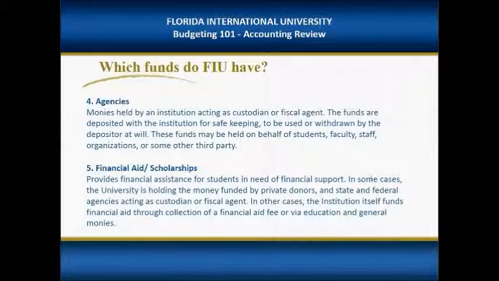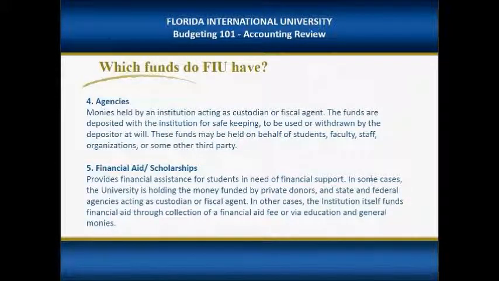Financial aid and scholarships provide financial assistance for our students. In some cases, the university is holding money on behalf of private donors or on behalf of state and federal agencies. So a lot of the scholarships, such as the Pell Grants, are flow-throughs, meaning we are given the money by the government and we apply that money to the student accounts. So it's just money that comes in and then money that comes out. It's a flow-through.